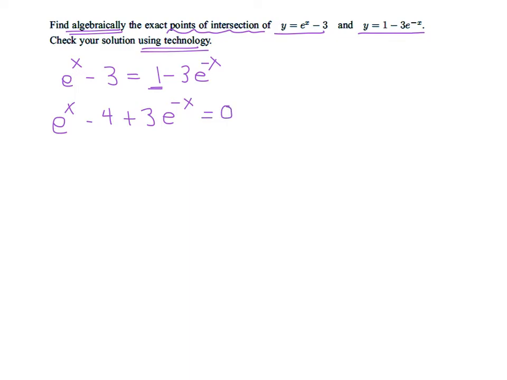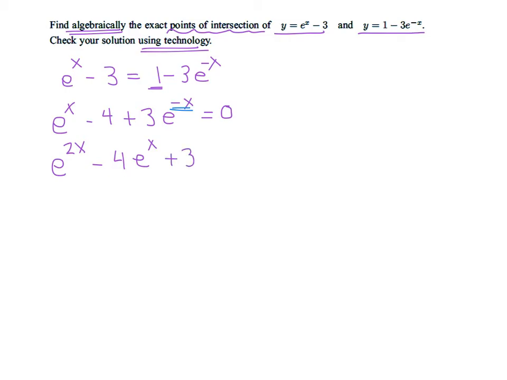Now, we need to multiply each term by e to the x because we don't like to deal with this negative x. If I multiply the same thing on both sides, we're not changing the equation. So multiplying both sides by e to the x: e to the x times e to the x is e to the 2x, minus 4 e to the x, plus 3.